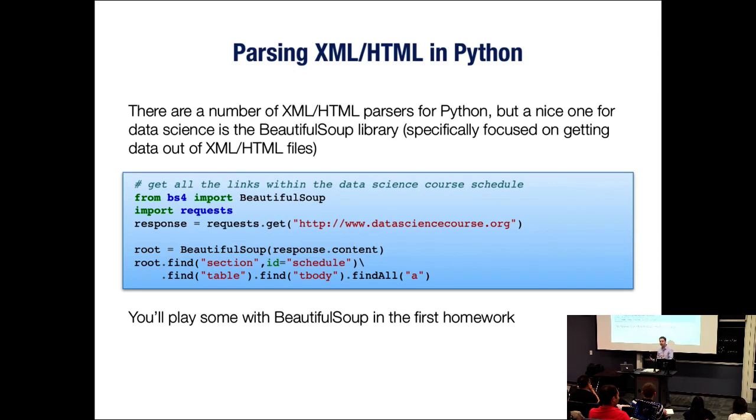The way you define tables in HTML is with a table tag. T-body is also a tag within a table, and I'm finding these. A is a tag that denotes a link, and I'm just marching along here, trying to limit my search and then find all the links. And this will give you a set of all the links that you have in my class schedule.